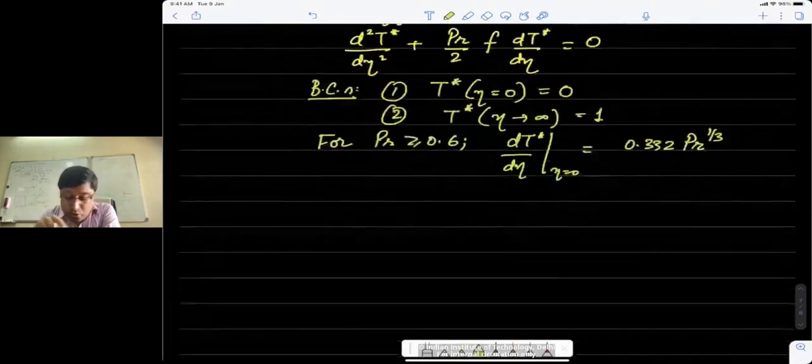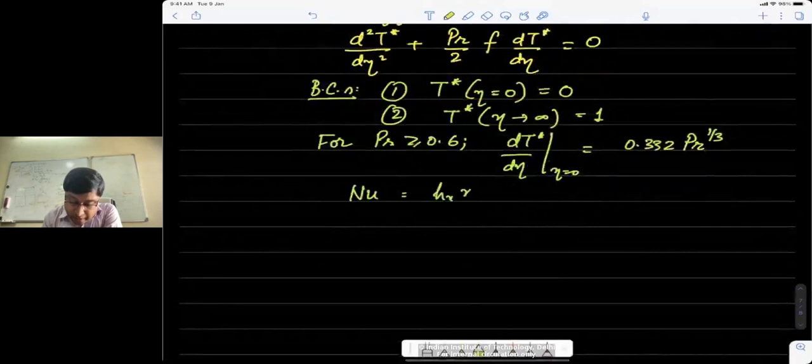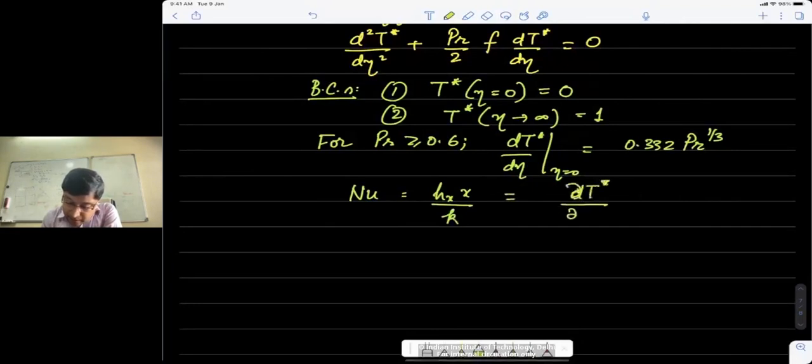Also using the fact that the Nusselt number, which is hx into x by k, is also the non-dimensional temperature gradient, dT star dy star at y star equal to 0.